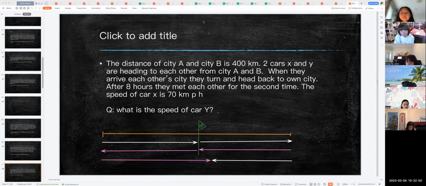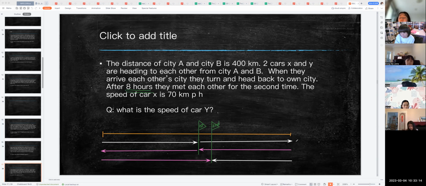Okay, so this is the second time. Understand? So if you have this picture made, it's very easy for you to do the homework. Understand, everybody? Okay, so now the question is, after 8 hours, they meet each other for the second time.